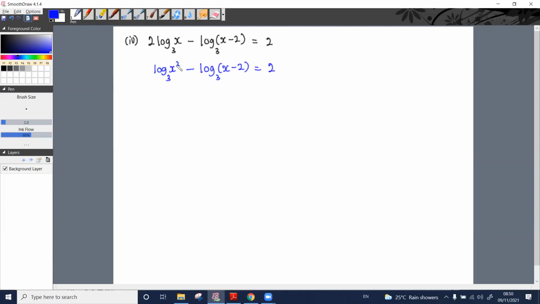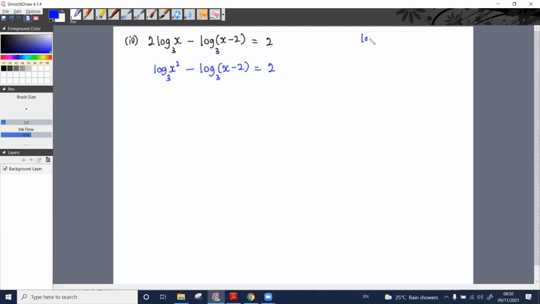Now see, in both these terms the base value is the same. And here we have the subtraction sign. If the base value is the same and there is a subtraction, how should we express this?